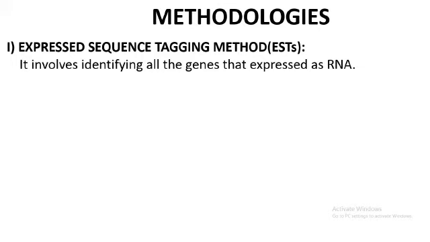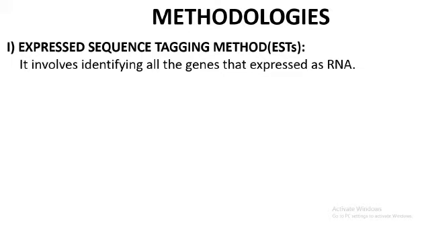Before synthesizing protein, DNA gives a message in the form of RNA, that is mRNA. Therefore, our first duty is to identify the genes that are going to be expressed as RNA, because you will be studying that human genes, or eukaryotic genes, are split genes.